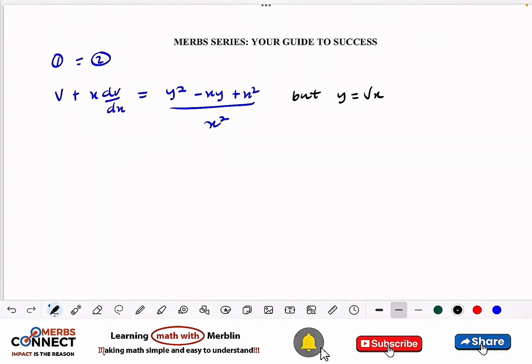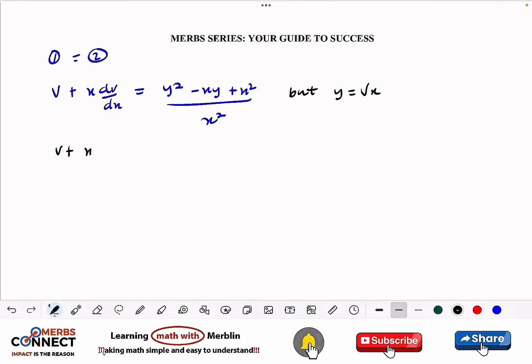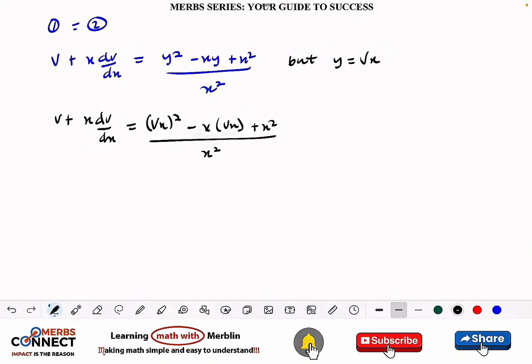So I'm going to have v plus x dv over dx, which is the same as vx squared, right, minus x times vx plus x squared divided by x squared. So I'm going to have v plus x dv over dx is equal to v squared x squared minus x squared v plus x squared divided by x squared.